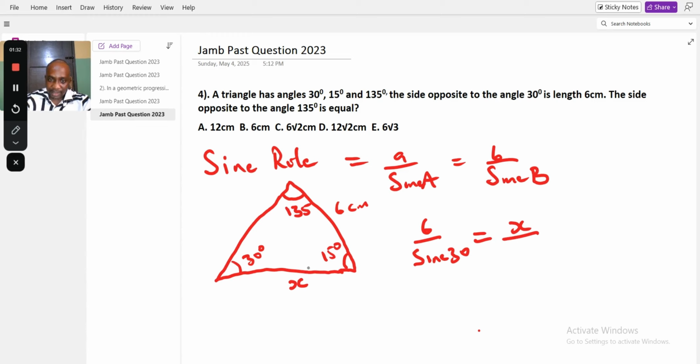It is 135, so sine 135. Now let's cross multiply because you want to solve for x.